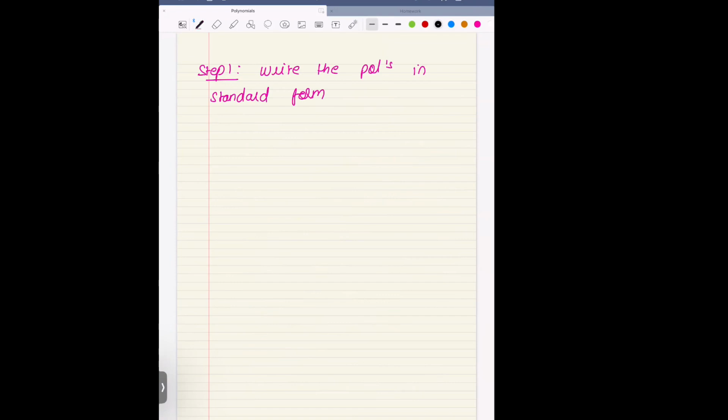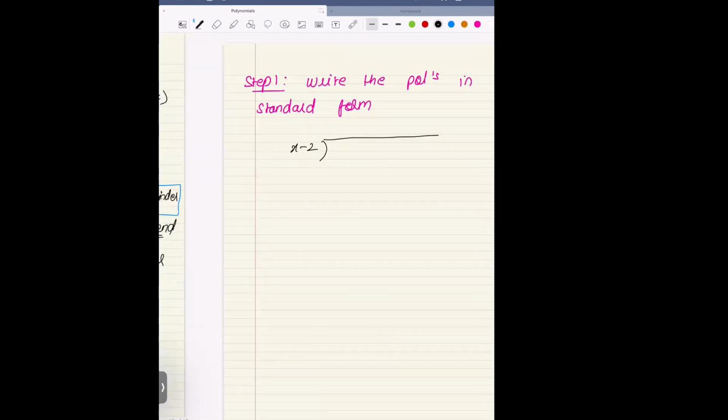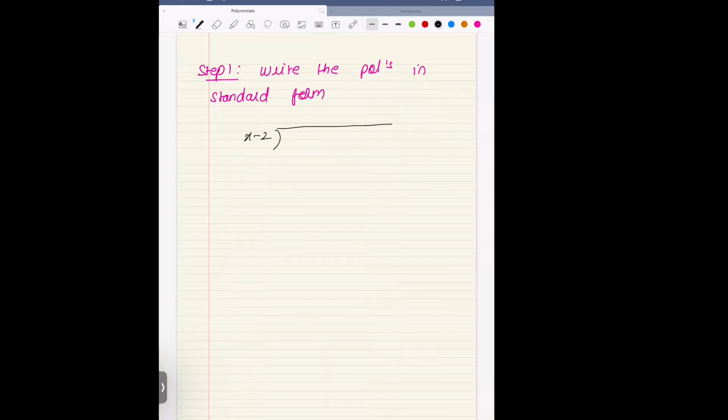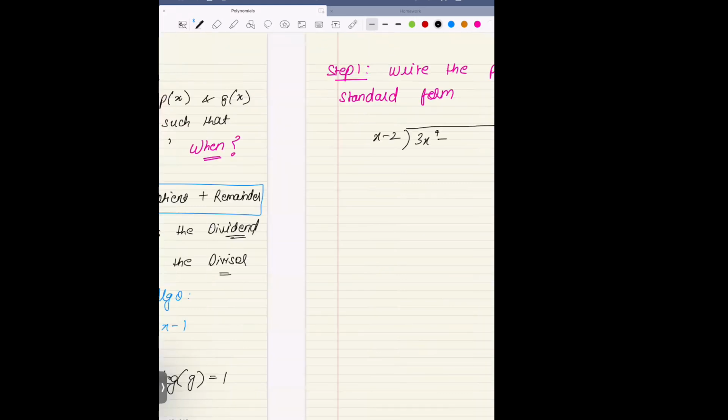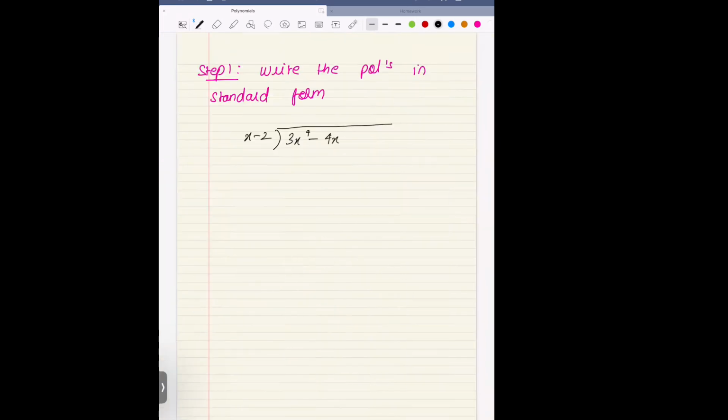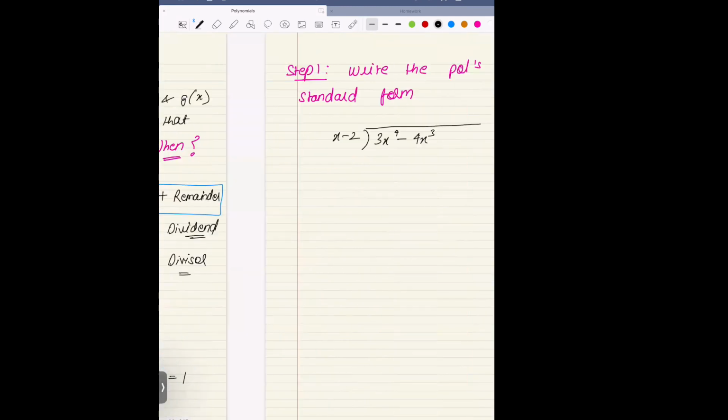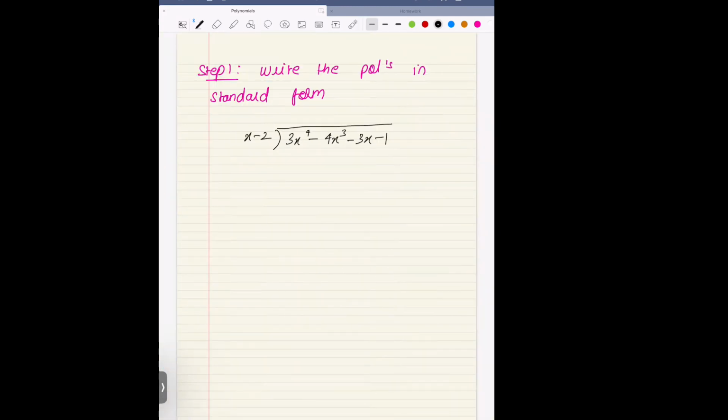I am going to write x minus 2, which is already in standard form, and your p(x) is also in standard form: 3x to the power 4 minus 4x cube minus 3x minus 1. Make sure you write it in standard form. If you rearrange this order, it might lead to a mistake, because whatever we are going to check needs to be in standard form. Clear? Now, shouldn't there be something with 2x square over there?